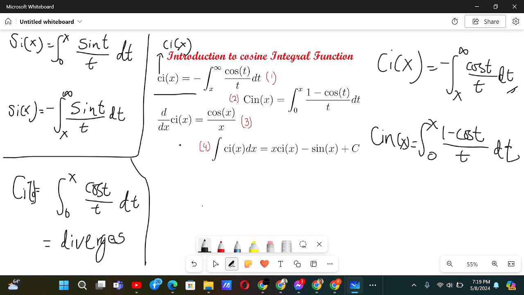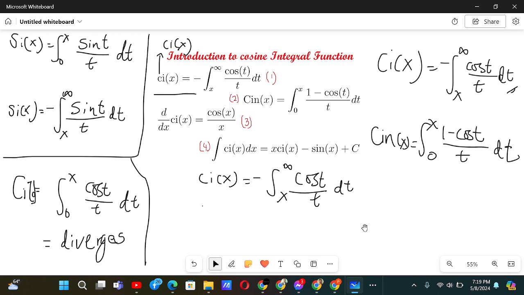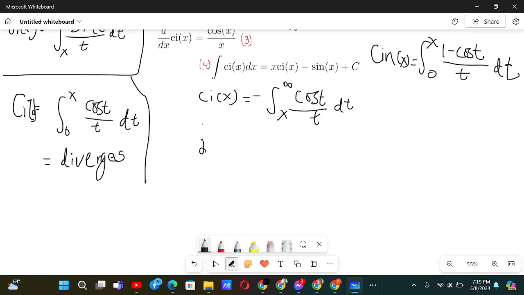Now about derivatives, we know that due to the definition, Ci of x is minus the integral from x to infinity of cos t by t dt. If we differentiate this, we have minus, and basically this will be integrated and evaluated between infinity and x.